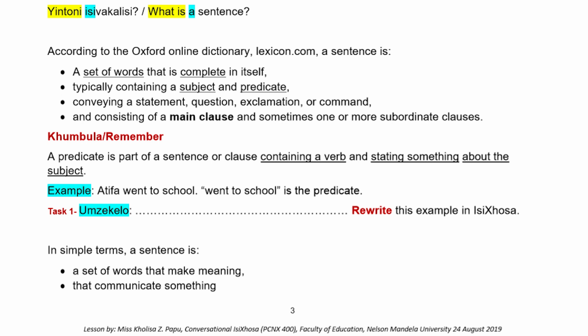Those are the 4 ways in which we use sentences. As statements, as questions, as exclamations, and as commands. 4. So, if we switch back to the IsiXhosa language, what would be a statement?